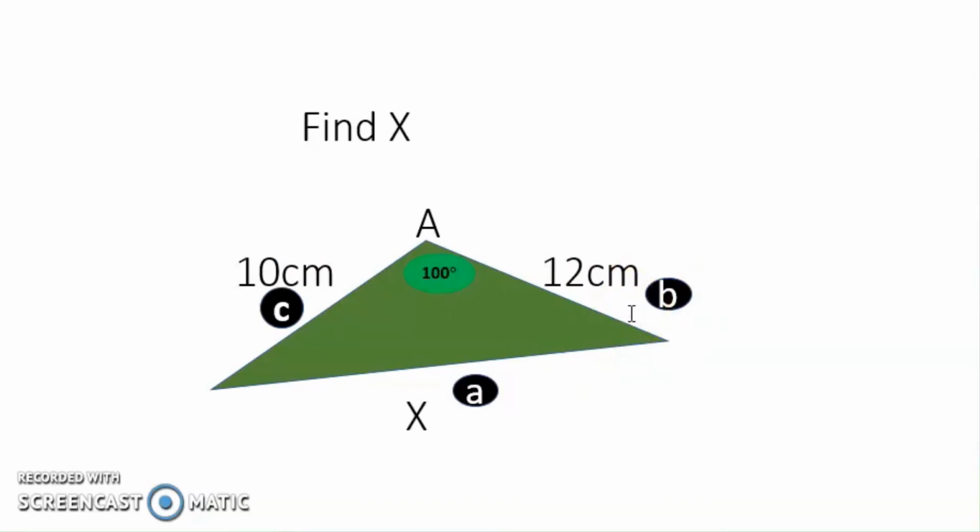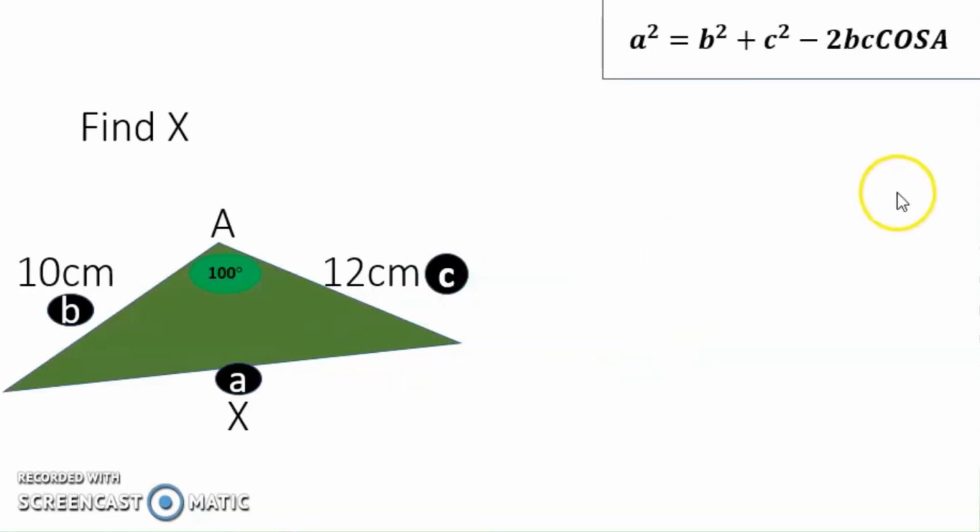You will still arrive at the same answer. All you need to do is to label the side you are looking for small letter a, and for the other two sides, it doesn't matter what you label them. Now, the cosine rule states that a squared is equal to b squared plus c squared minus 2bc cos A. This is the formula for the cosine rule.